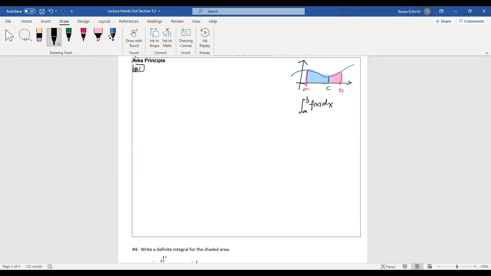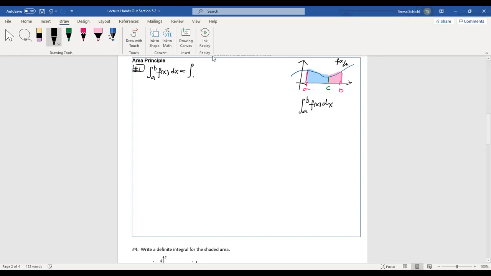So I know the first thing here: the integral from a to b of f of x dx, according to our definition, will be the whole colored area under the curve. If this is my f of x, and I have any point in between, I can separate that.